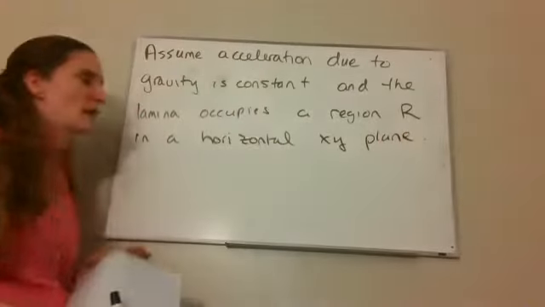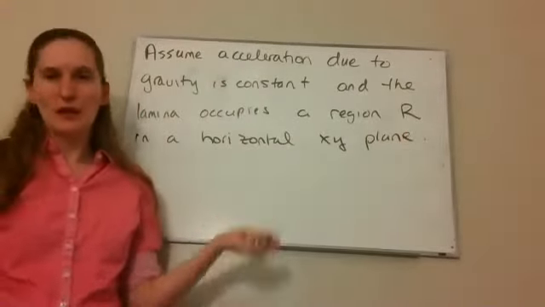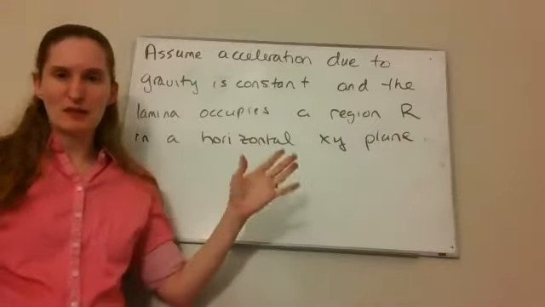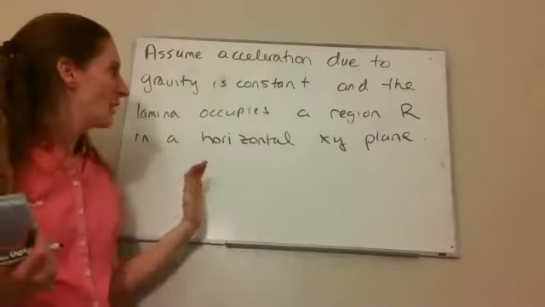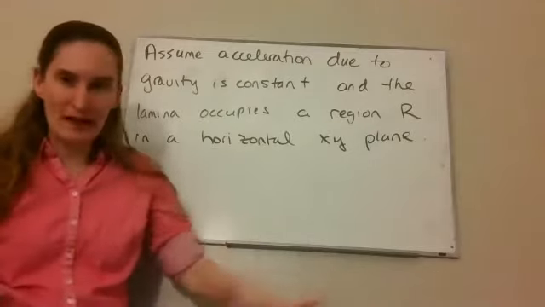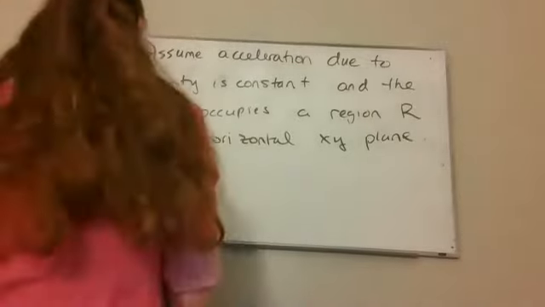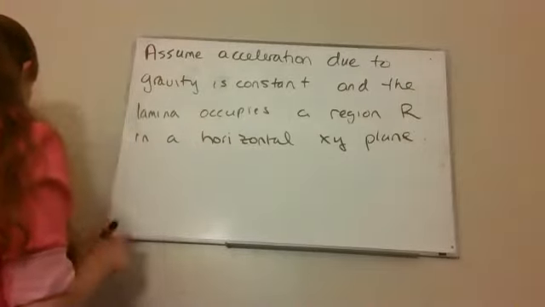So by horizontal XY plane, I'm just talking about, think of your normal coordinate grid, but instead of picturing it up on the wall here, it's laying flat on the table. So we have our lamina is just something laying flat, and our gravity is constant.